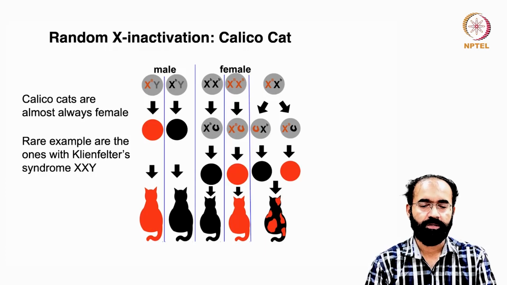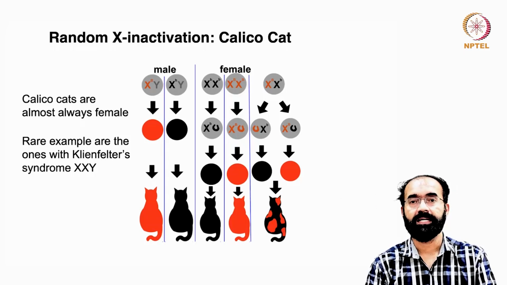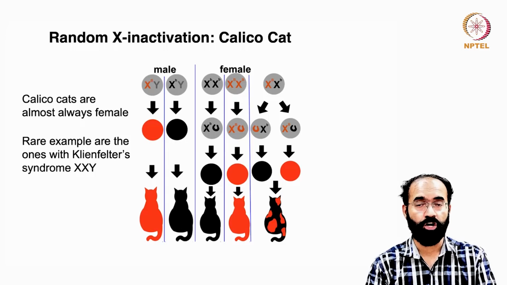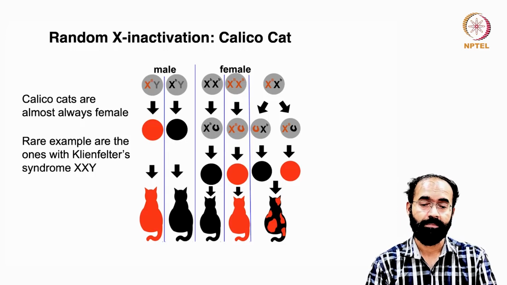Whereas in the female, you can see 3 versions: 2 X black, 2 X orange, and 1 X orange with 1 X black. We should understand the orange color is dominant when it comes to skin color. Orange is dominant over the black one in the calico cat.